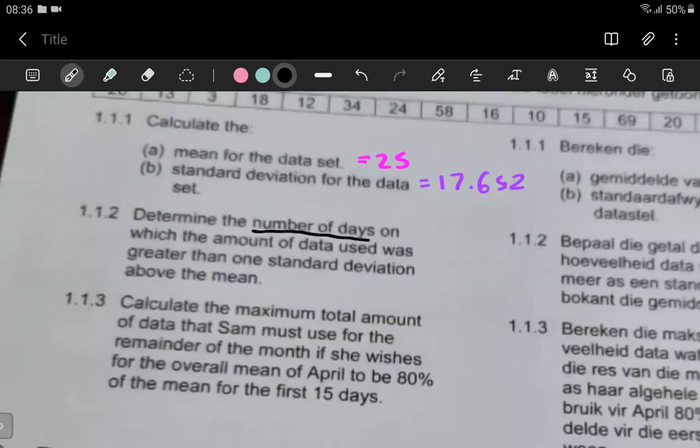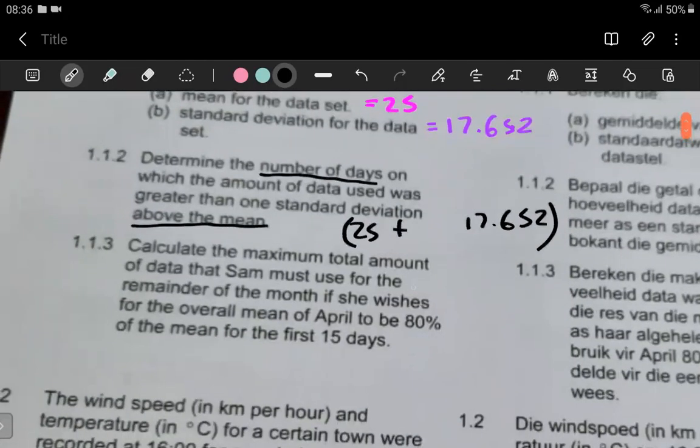So what you do is you take one standard deviation, right? If you look at this as greater than one standard deviation above the mean, what you do is you take your mean, you add your standard deviation once, you get an answer, which is 42.65.